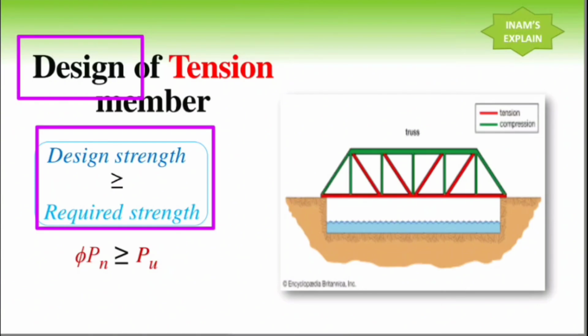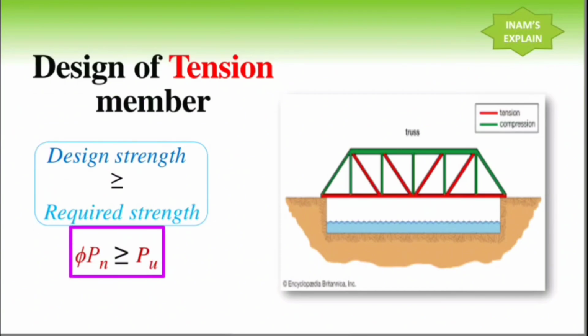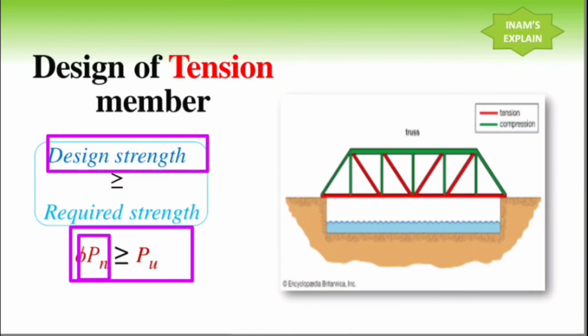Since you are familiar with the design strength and the required strength: nominal strength multiplied by the strength reduction factor gives the design strength, which can be calculated by different formulas given by different codes, and the required strength can be calculated from the load effects after applying the load factors. So the design strength should be greater than or equal to the required strength.